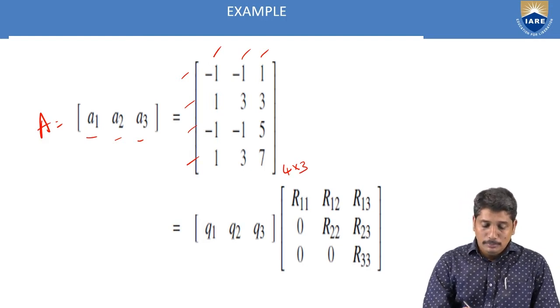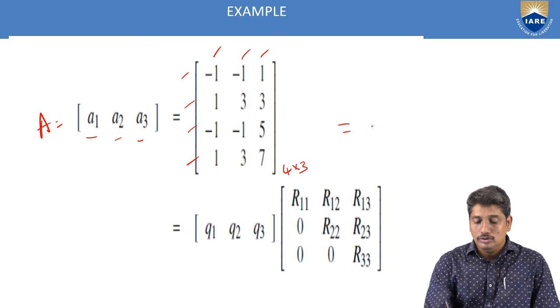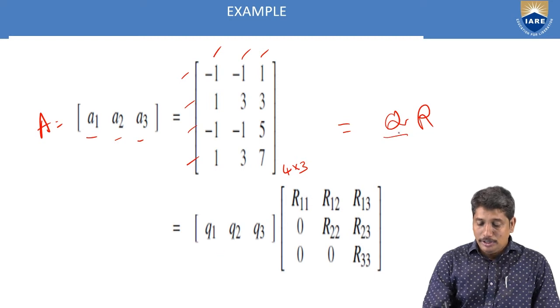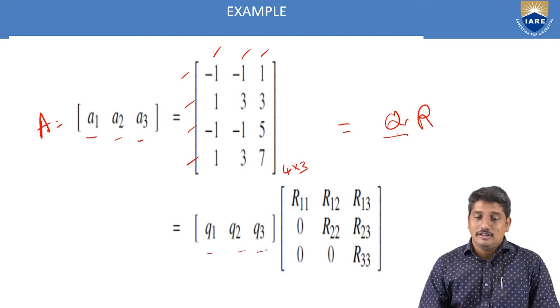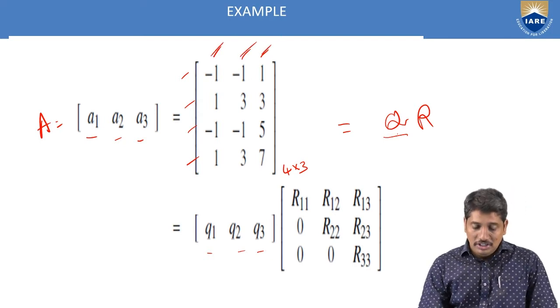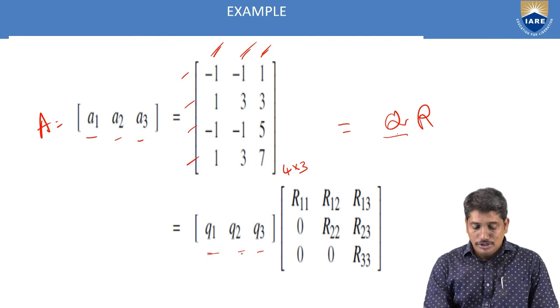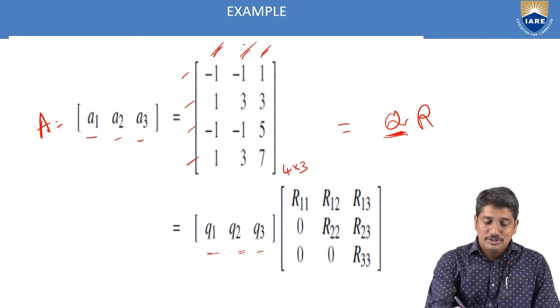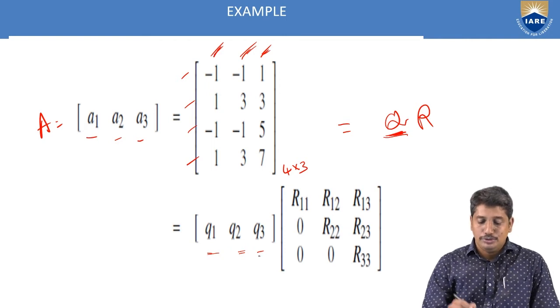Now, we are going to decompose this A into a product of two matrices, where the first matrix is denoted by Q, which contains three columns Q1, Q2, Q3. Why three columns? Because the original matrix contains three columns. Definitely, the number of columns in Q will be equal to the number of columns in A. That is why Q1, Q2, Q3.